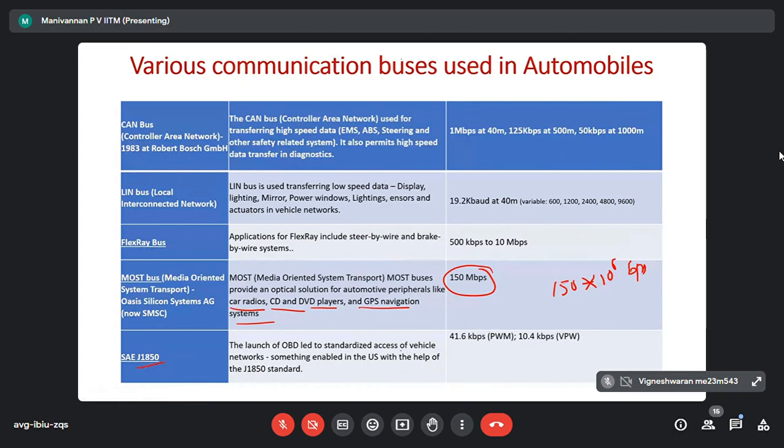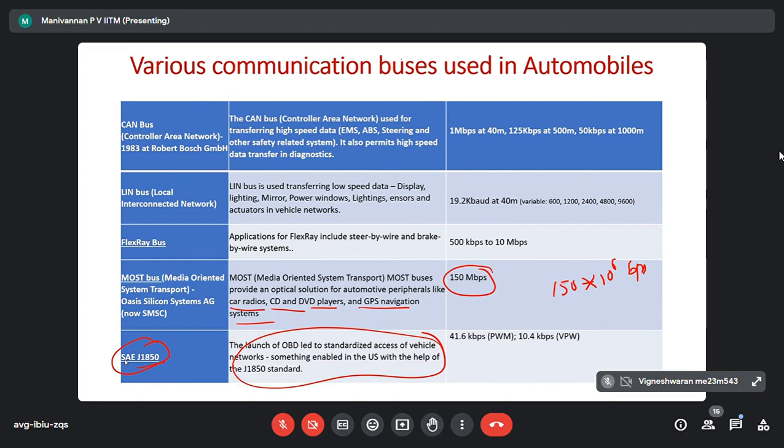Then the other very popular one is SAE J1850. This is used in all American vehicles. Please note that in the automobile industry, some 20, 30 years before, they were isolated. All American companies, you take GM, Ford, Chevy, they use SAE only. SAE's headquarters is in Detroit.